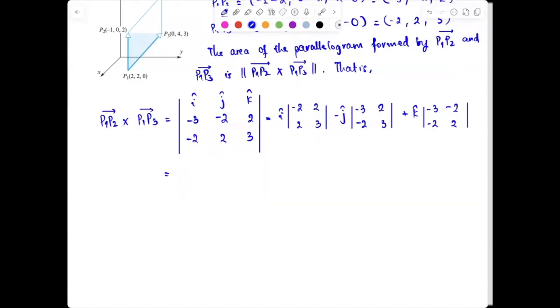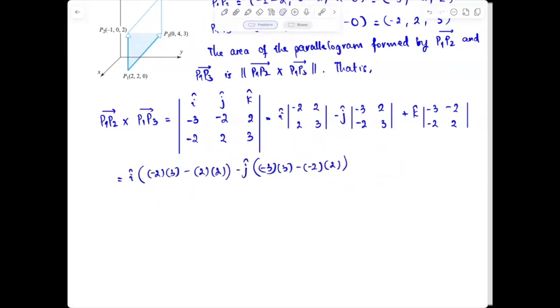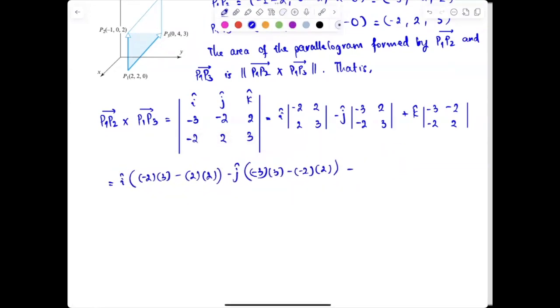For the first component, you have a 2 by 2 determinant. So i hat is equal to -2 times 3 minus 2 times 2, minus j hat times -3 times 3 minus -2 times 2. And the last component, of k hat, you have -3 times 2 minus -2 times -2.